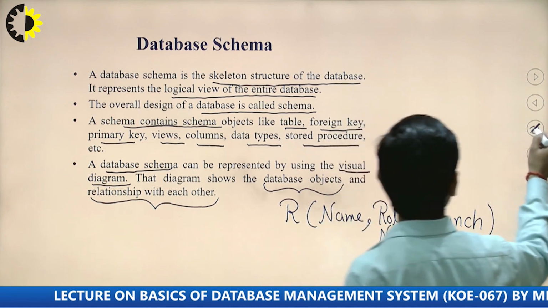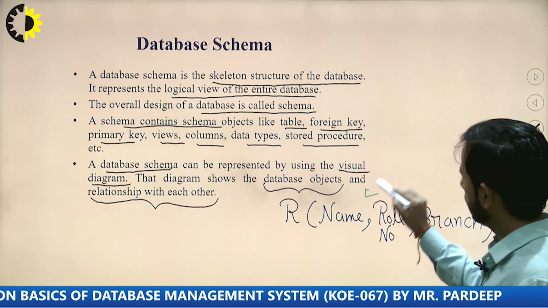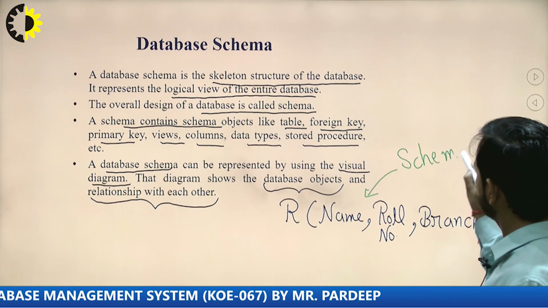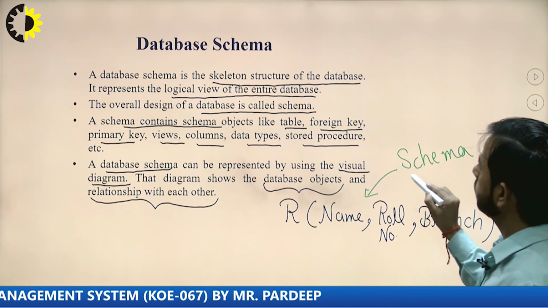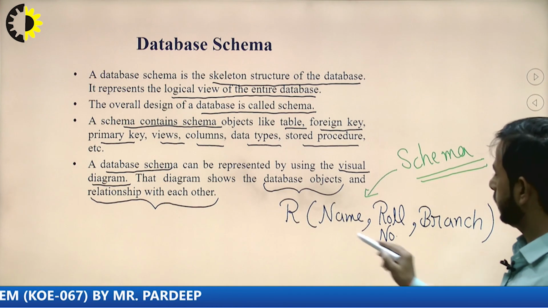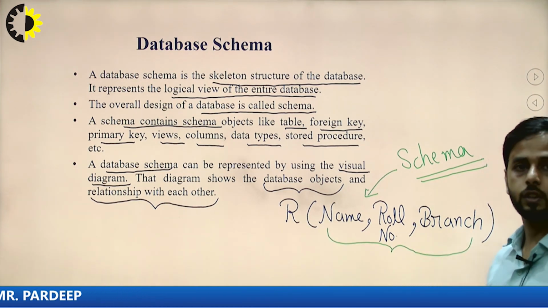So this skeleton structure of the database is known as the schema. It is the schema of this database. Okay, this contains the attributes. What are the attributes a relation contains?